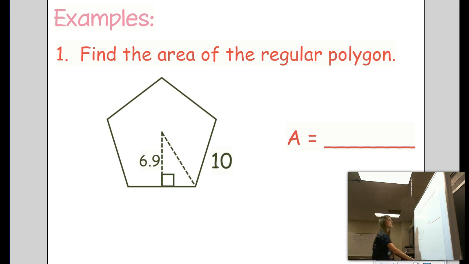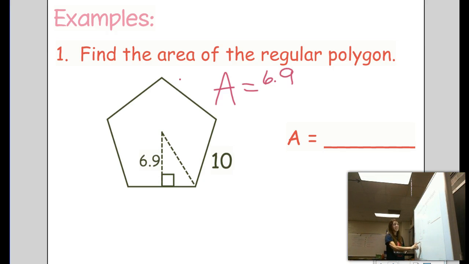Nasia, what's the apothem? 6.9. Megan, what's the perimeter? 50. 10 times 5. It's 50. You didn't need Kaylee to tell you that.